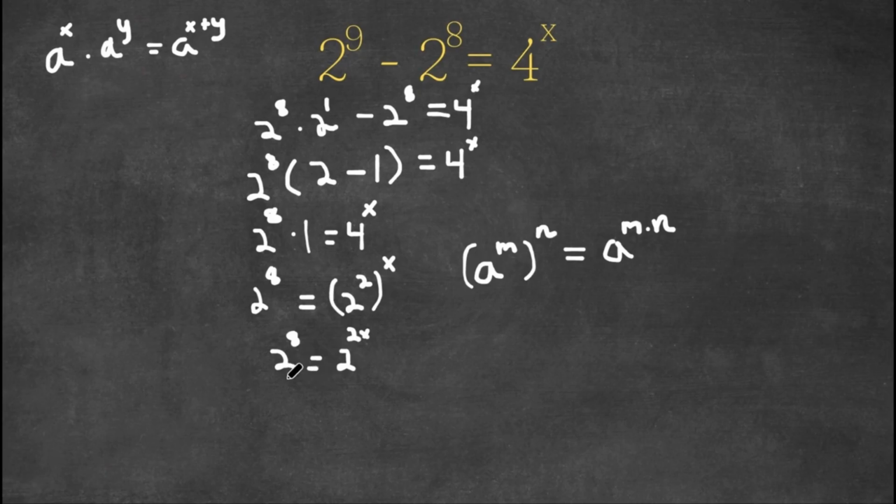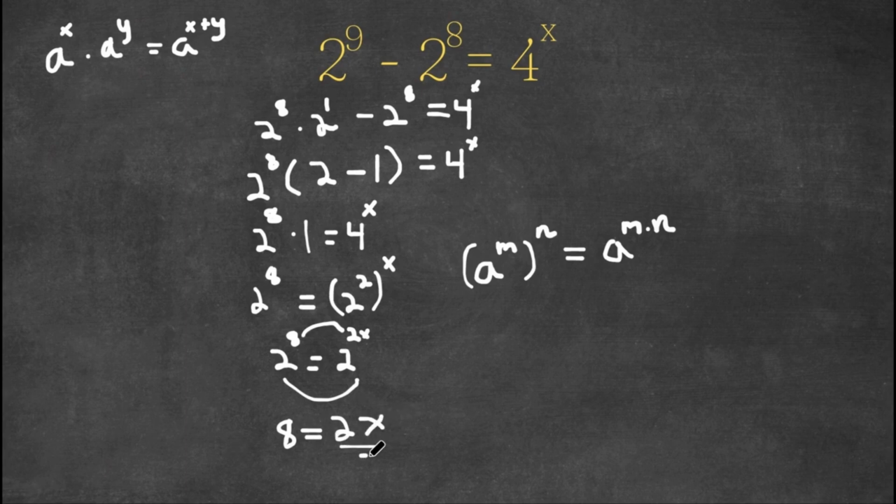Now, because we have the same bases, that must mean our exponents are the same as well, because this equation would not be true if these exponents were different, meaning that 8 equals 2x. And now, as you can see, we have a simple equation, and we just want to solve for x.